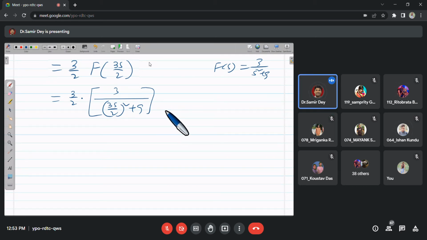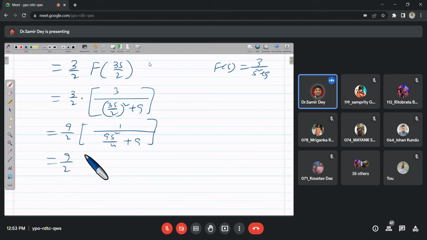Now simply simplify and find the result. It is coming 9 by 2 and here 9 s square by 4 plus 9. You can take 9 common: s square plus 4 over 4, and this 9 cancels.